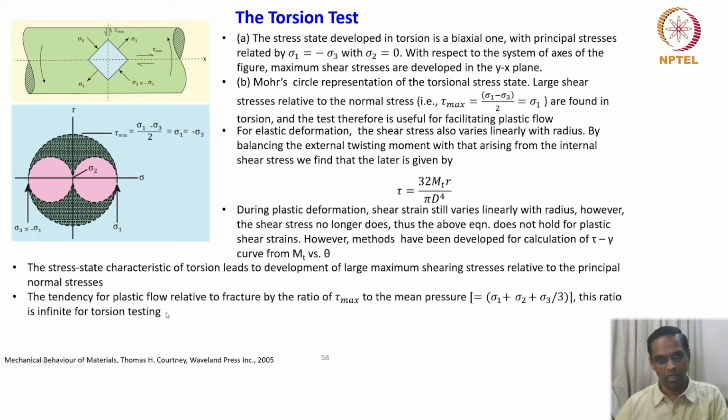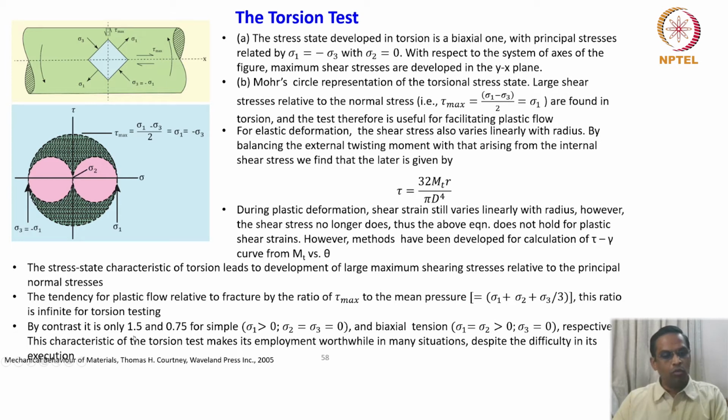Very interesting observation here. So it clearly shows that large plastic flow or shear flow is involved in this test. So that's some basic mechanics about the test and the test details.